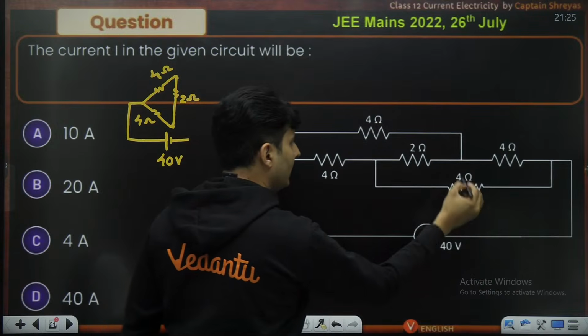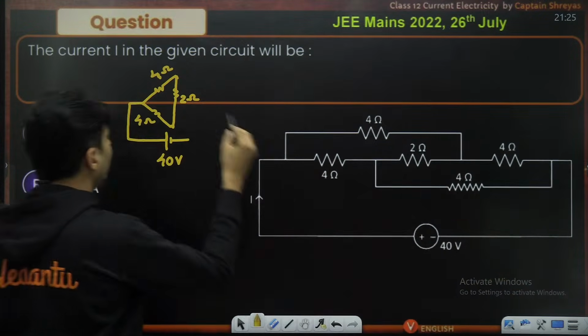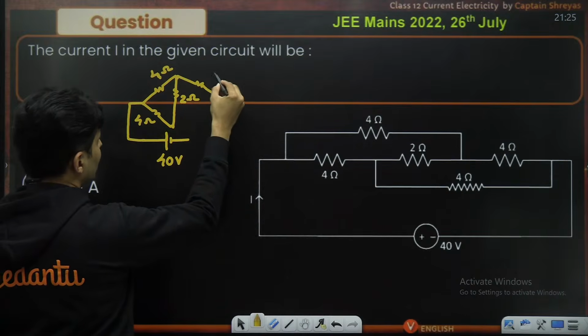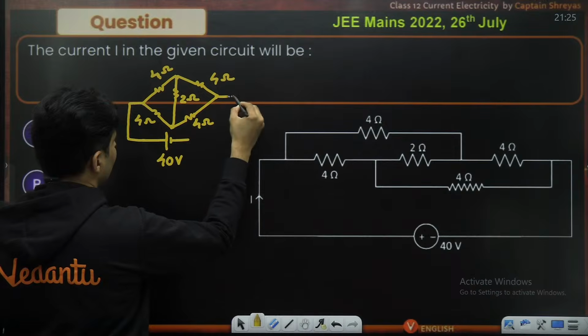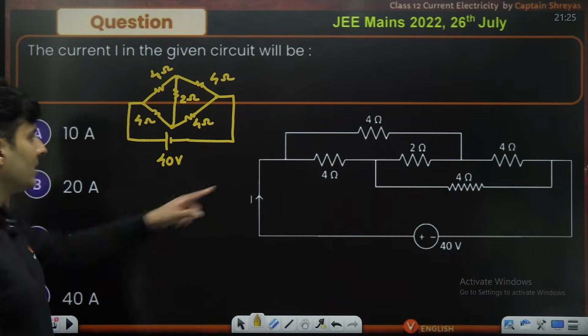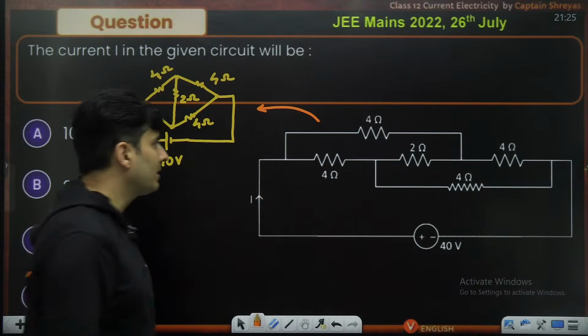And this point and this point, 4 ohms, which are then connected to the negative terminal like this. 4 ohms and 4 ohms like this. It is connected now to the negative terminal.